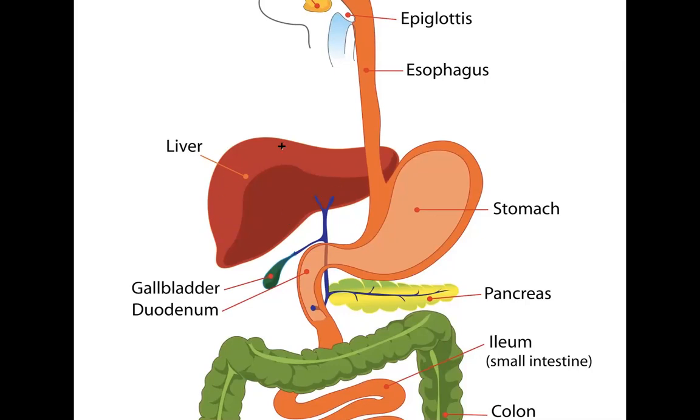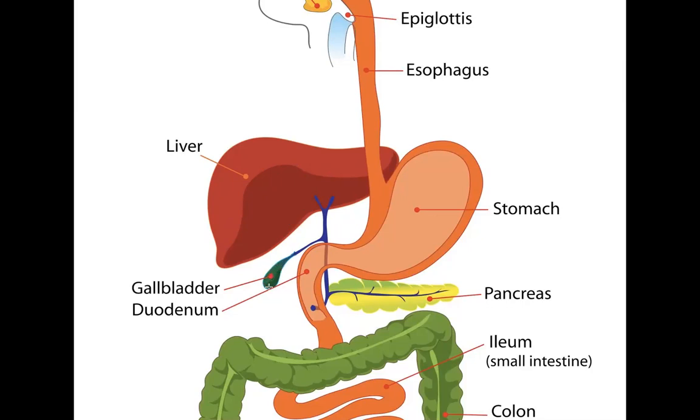The liver will produce bile. Bile in Malay is hempedu. The spelling is B-I-L-E. The liver will produce bile, and this bile will be stored in the gallbladder first.